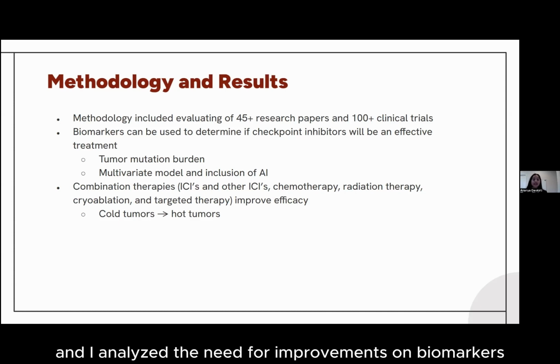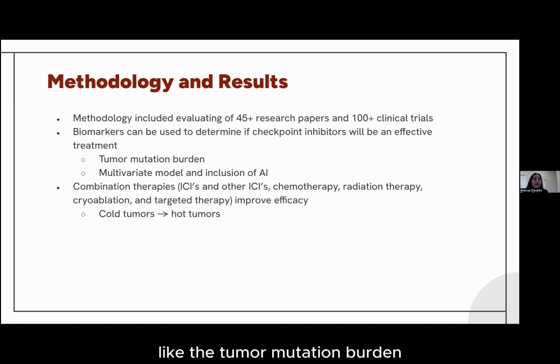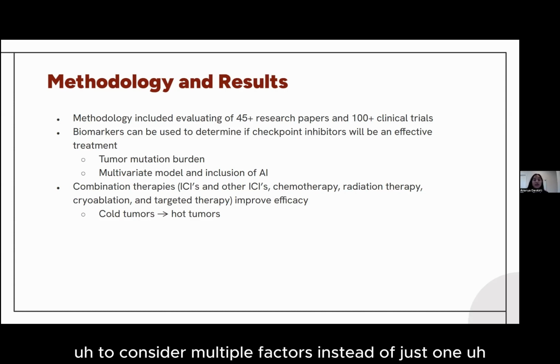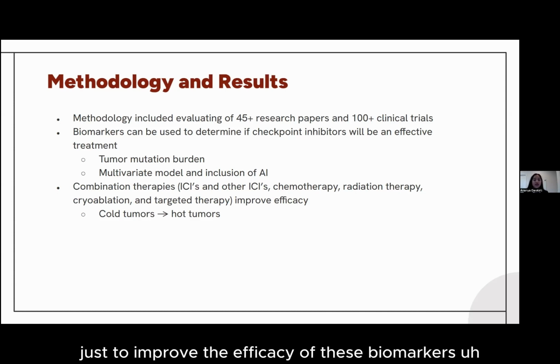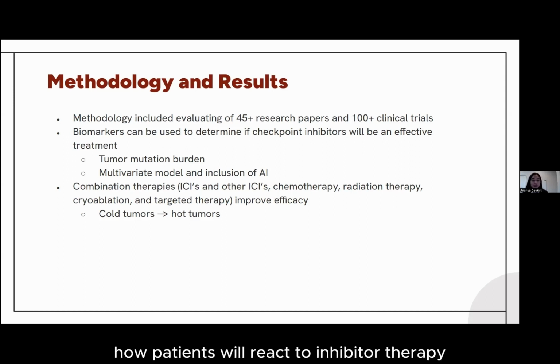And I analyzed the need for improvements on biomarkers like the tumor mutation burden to consider multiple factors instead of just one, and the addition of more factors into the multivariate model to improve the efficacy of these biomarkers so they can better determine how patients will react to inhibitor therapy.